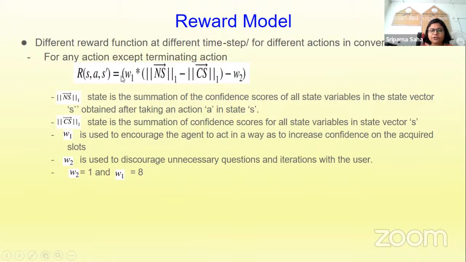This reward function helps us in getting more slot information in the state tracker. So in S2, there must be a larger number of slots available. This reward helps in taking those actions which improve the confidence scores of the slots present in S2.